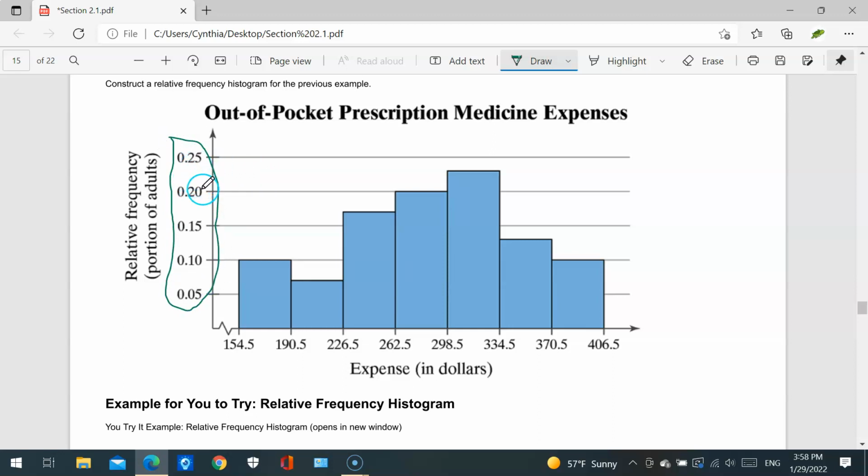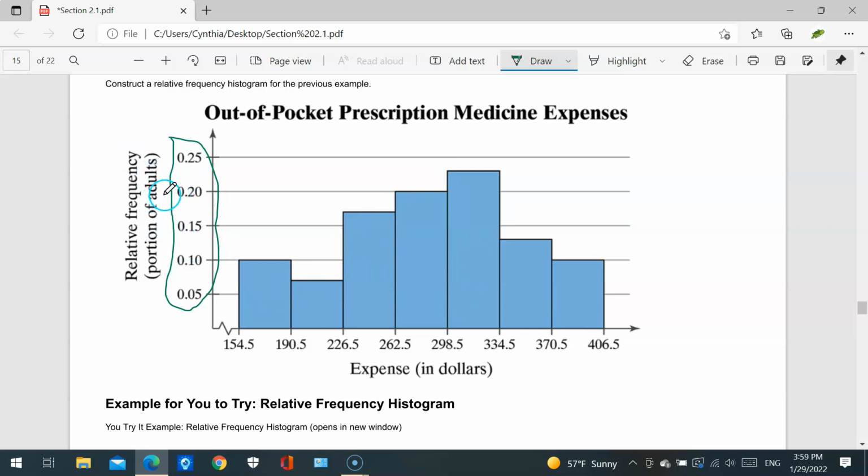Most of the time we see decimals because they are the ratio that represents each category's frequency compared to the total sum of frequencies. So it's just a presentation with different numerical values. However, your relative frequency graph should look very similar to your frequency graph because they have the same pattern, the same shape, and the same spread. Because your data is exactly the same. We just take a different scale.